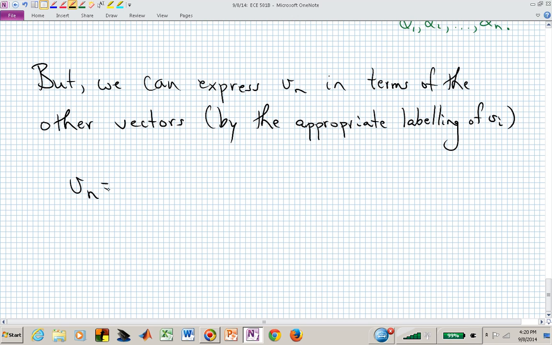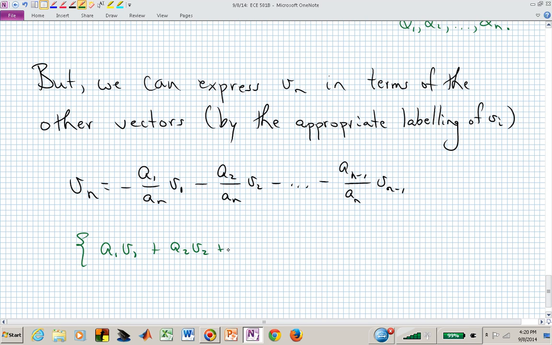That means that we can say v sub n is minus a1 over a sub n v1 minus a sub 2 over a sub n v sub 2, etc., where we have created this combination knowing that we had a dependence among those vectors, meaning we could have an a1 v1 plus an a2 v2 plus an a sub n v sub n equaling 0, where not all of those a's are equal to 0 if it's a linearly dependent set.